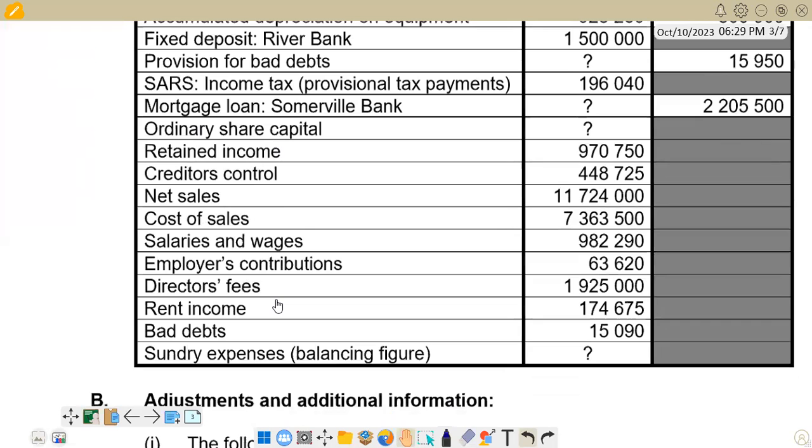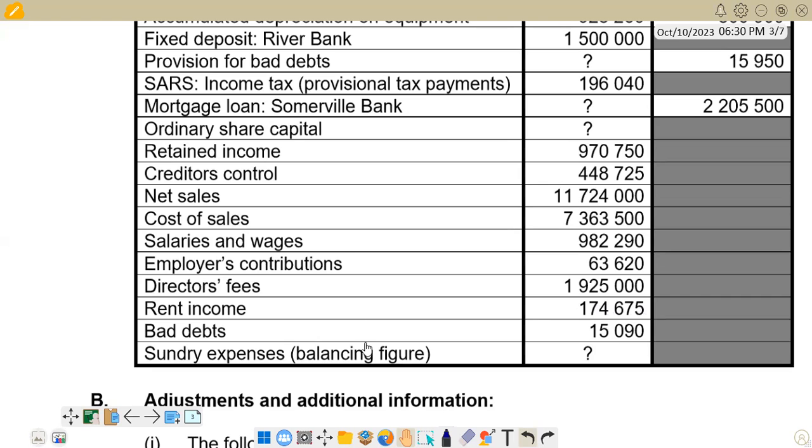Then we have got rent income now. We have this rent income, 174,675. So what we do is we check in the additional information if we've got anything that is affecting rent income, and we adjust for that. If you don't have anything affecting rent income, we just put this 174,675 as it is in the statement of comprehensive income under other income.